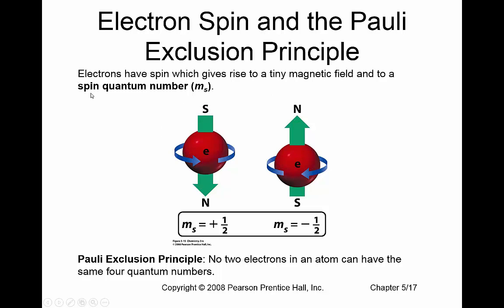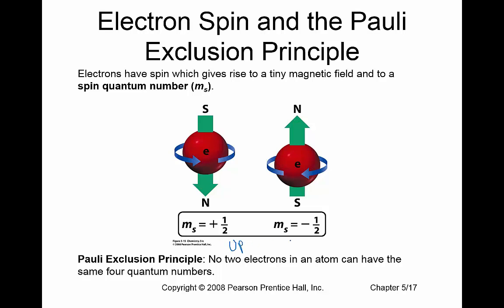And there's a quantum number associated with this particular behavior of the electron. That quantum number is called the m sub s quantum number, or the magnetic spin quantum number. When we're talking about an electron that is spin up, we're going to call that plus 1/2. So plus 1/2 is spin up.